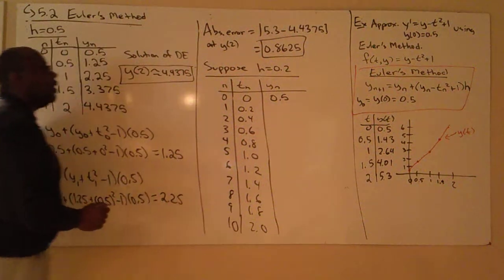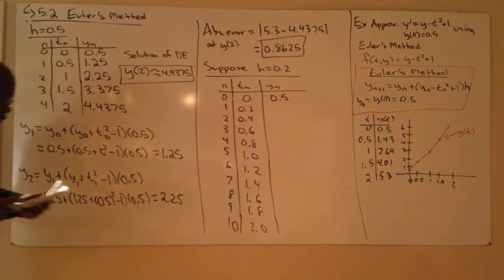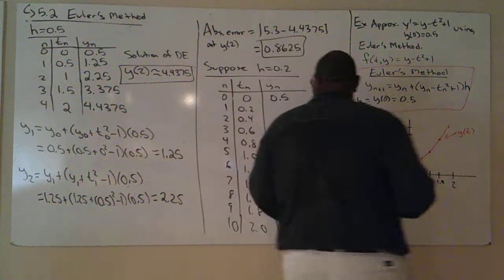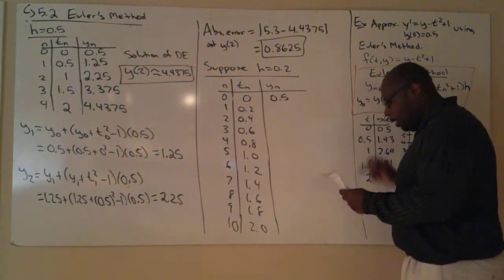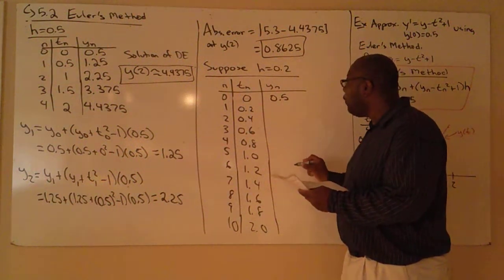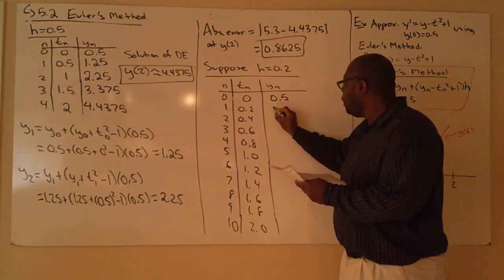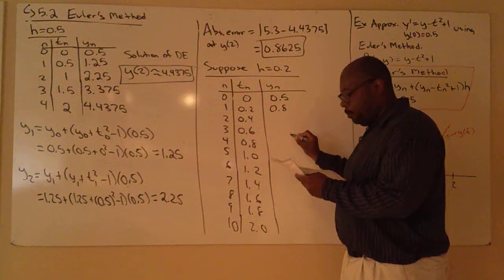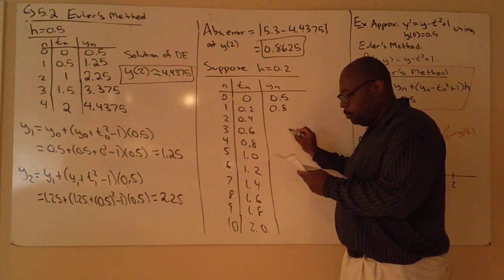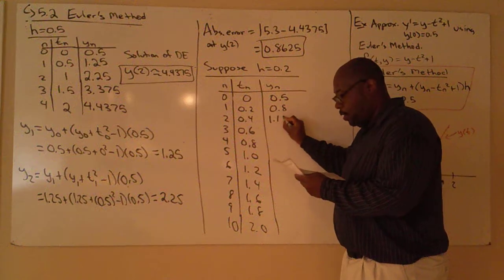So 10 n's. And if you were to work this out, you would go through this process just like we did over here. You get this. For n equal to 1, our solution is 0.8. For n equal to 2, our solution is 1.152.